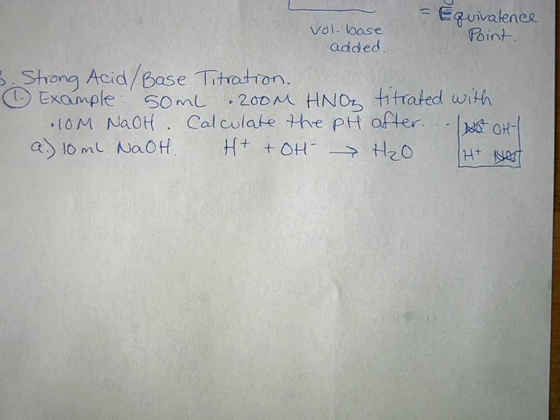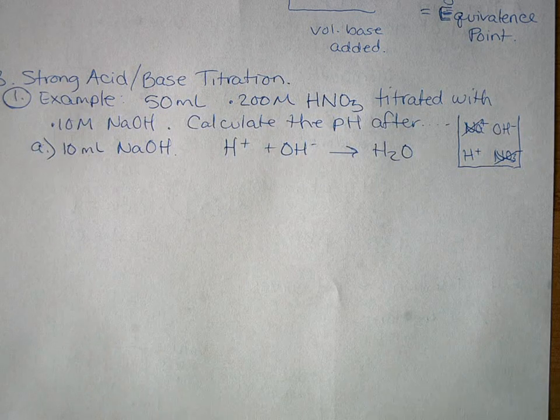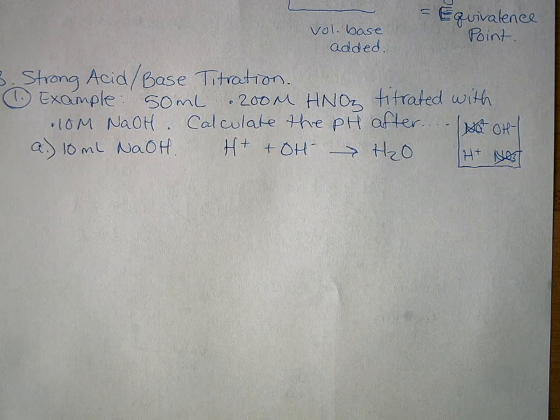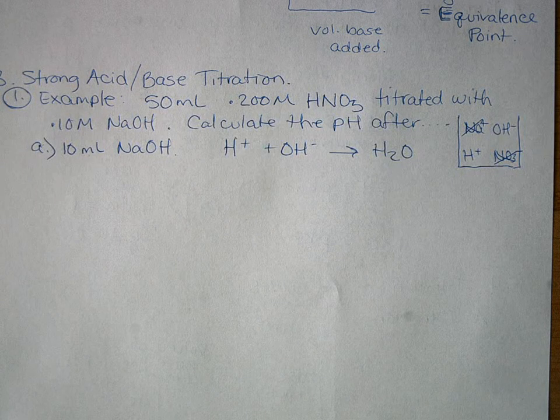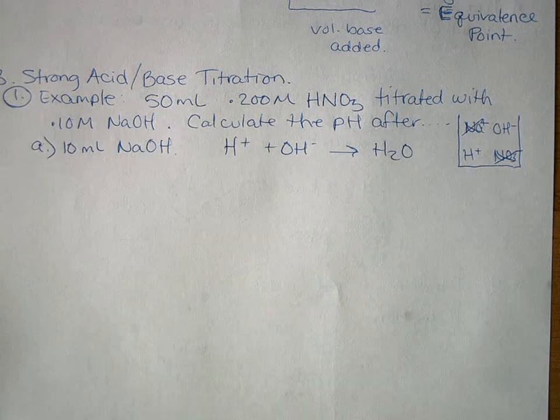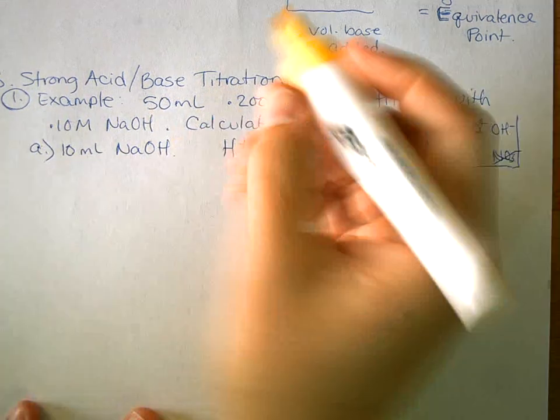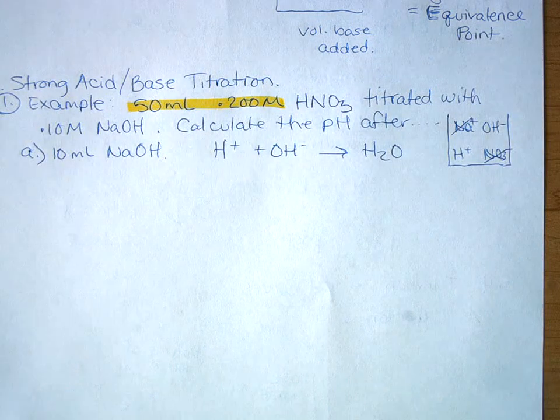All I care about here is the hydrogen and hydroxide ions. What I want to do is figure out how many millimoles I have of everything. Okay, so I've got 50 milliliters of 0.2 molar nitric acid.